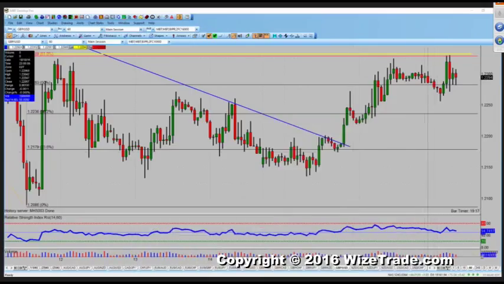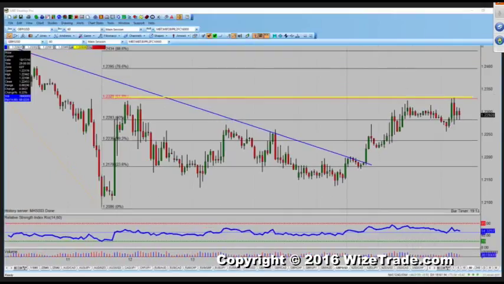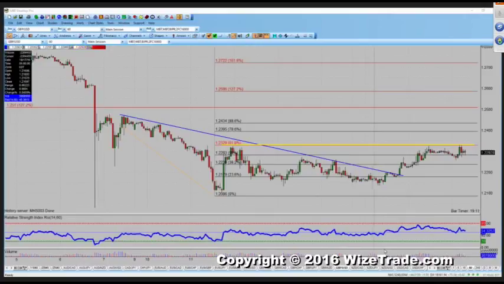Now, the pound, we have to also note the fact that the pound is holding up well. It's not unlike the euro, which seems like it's pretty weak at the moment. Does that mean the pound's going to break higher?